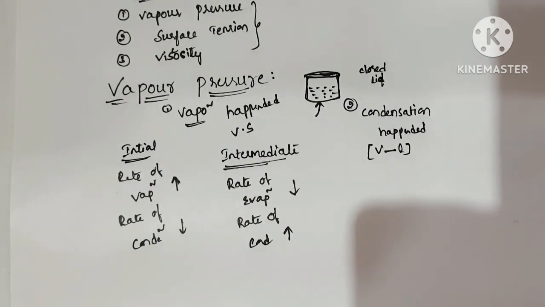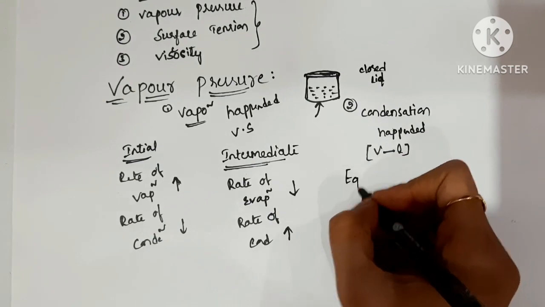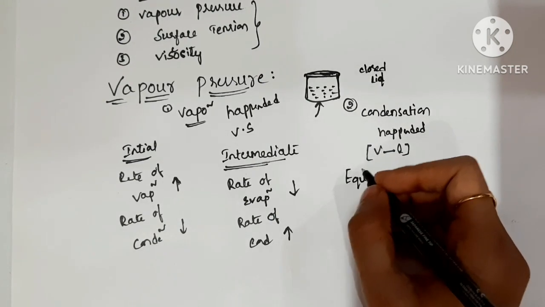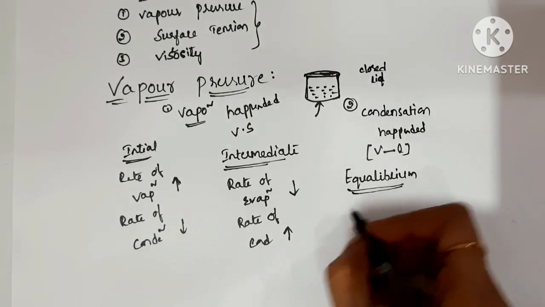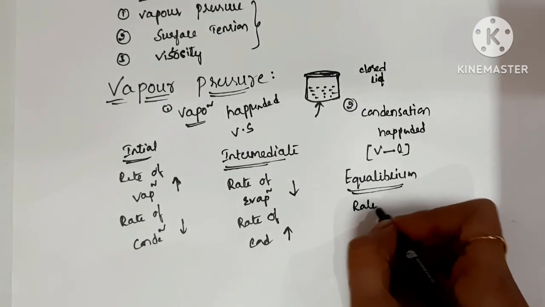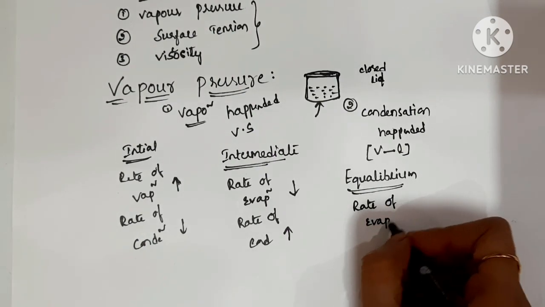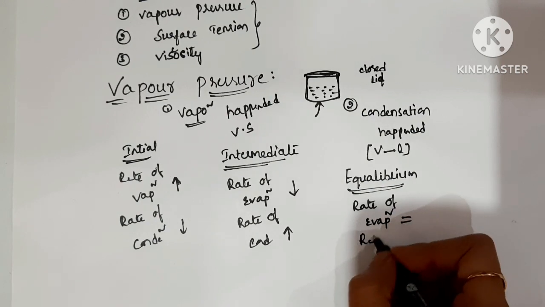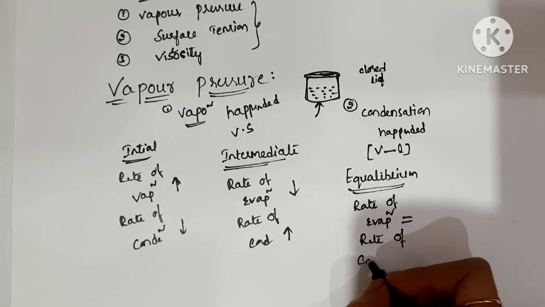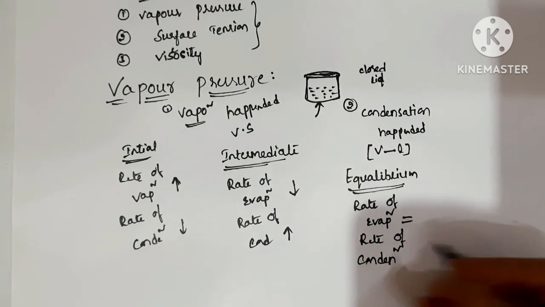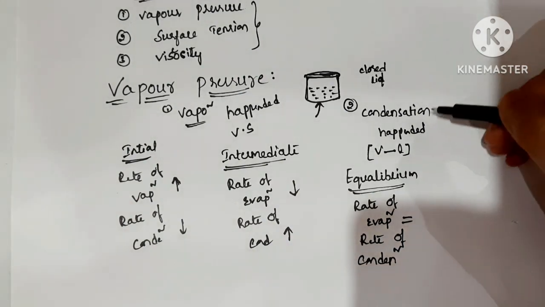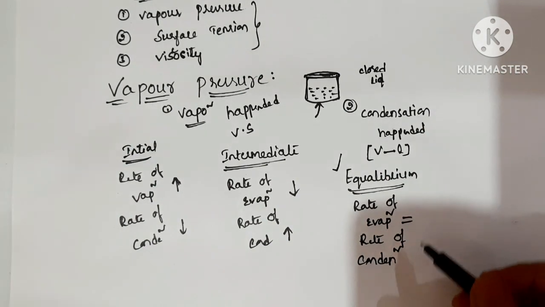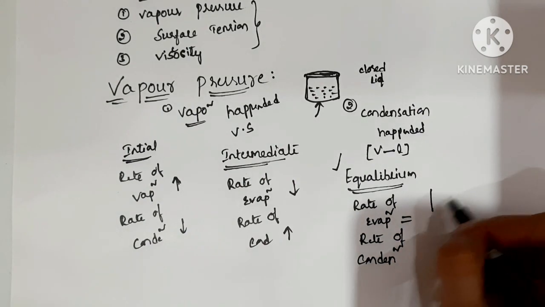At the equilibrium state, the rate of evaporation is equal to the rate of condensation. So at equilibrium state, the rate of evaporation is equal to the rate of condensation.